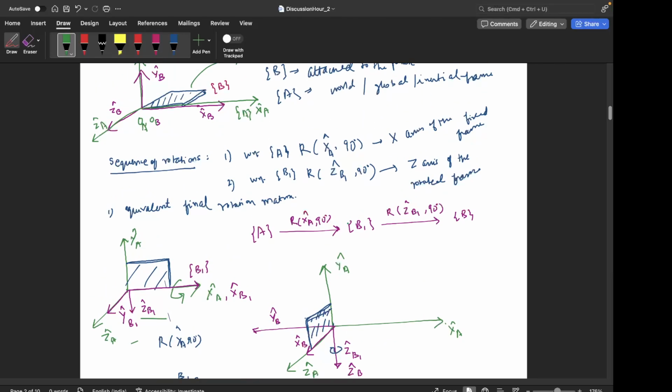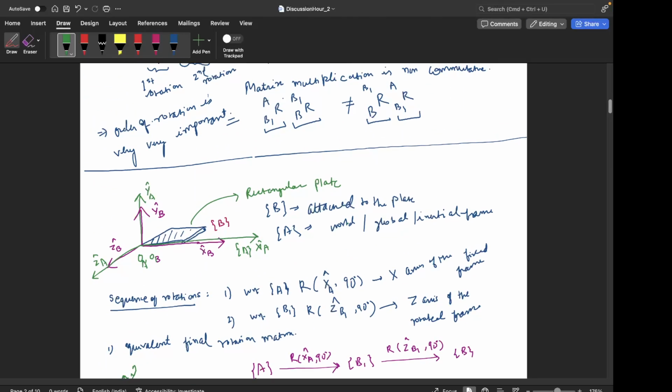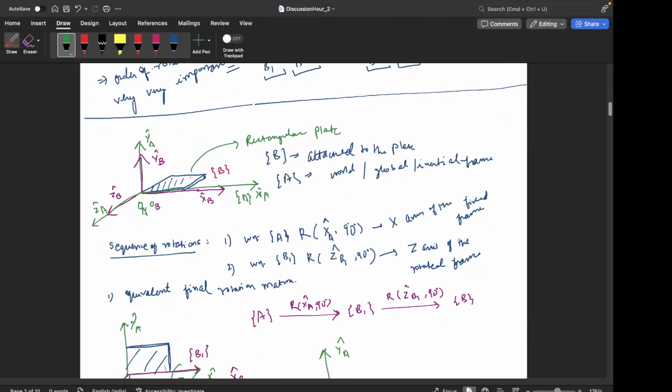So the key things here are that rotation matrices describe the orientation of a rigid body with respect to a certain frame, right? So it is a frame dependent quantity. It depends with respect to which frame we are describing the orientation.